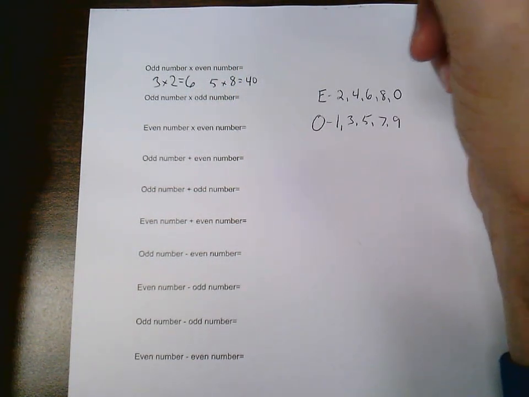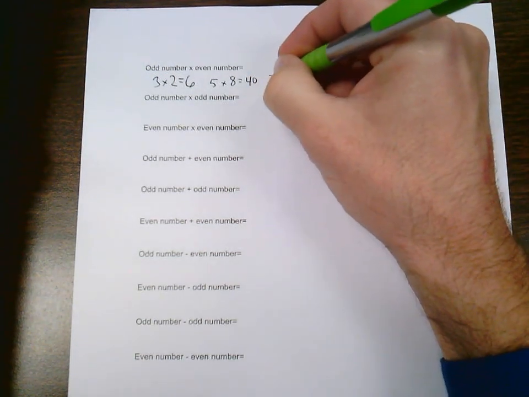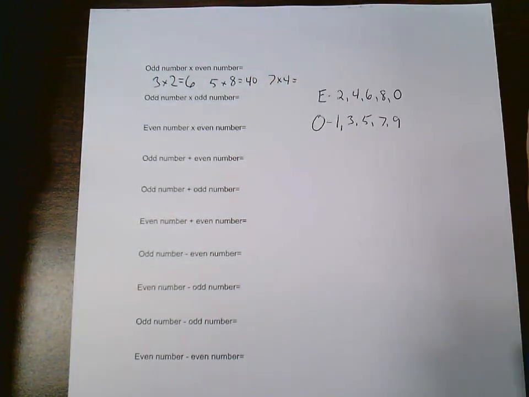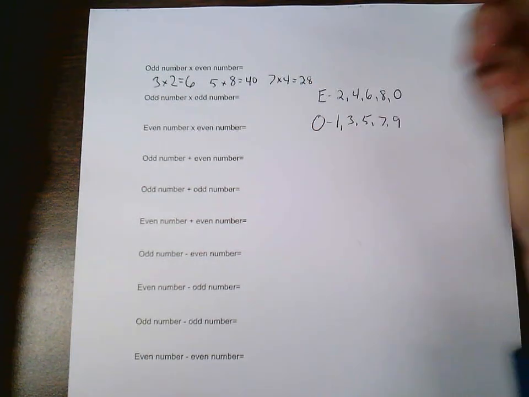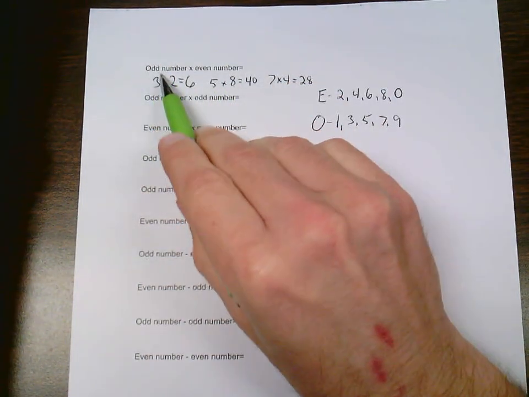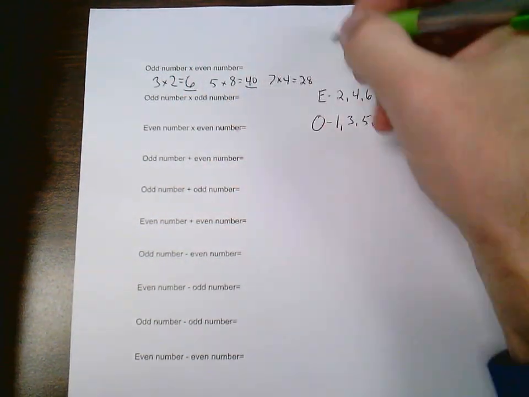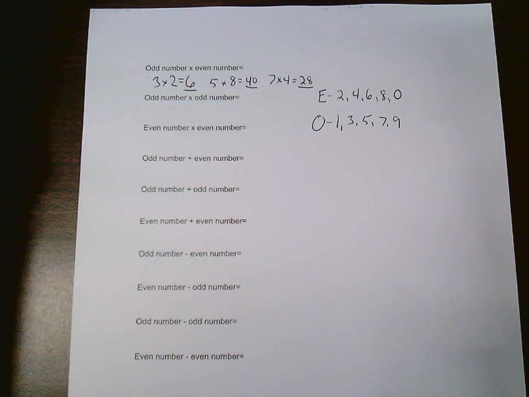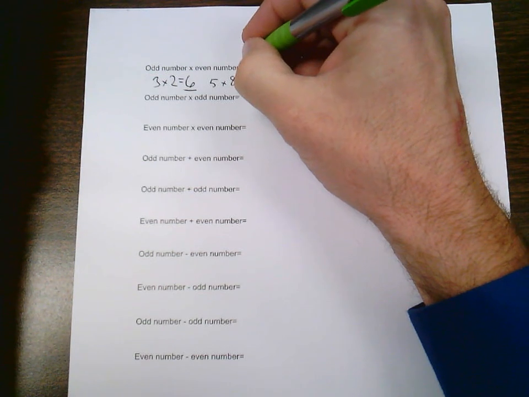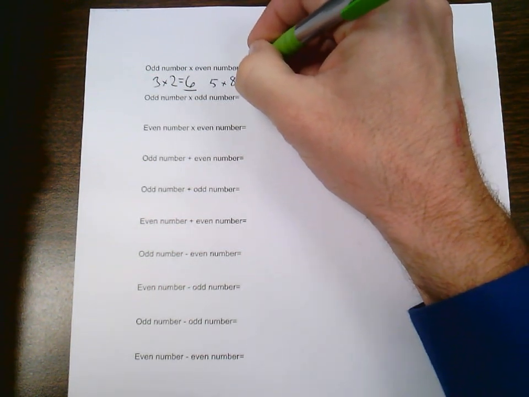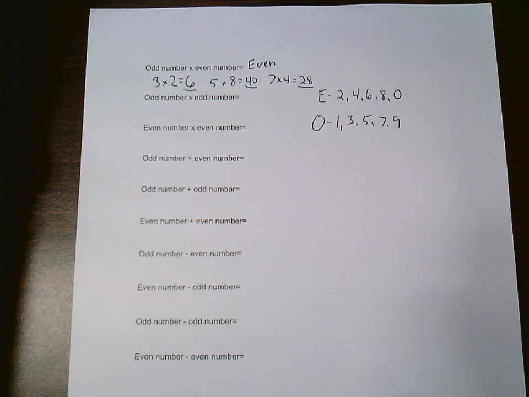And another one, 7 times 4. 7 times 4 is 28. So every single time we took that odd number times an even number, my answer was even every single time. So odd numbers times even numbers give even numbered answers.